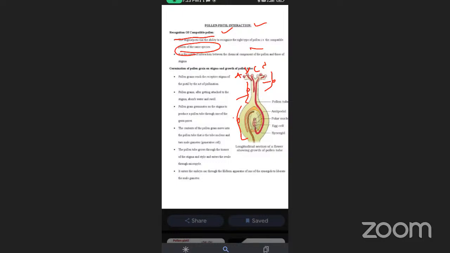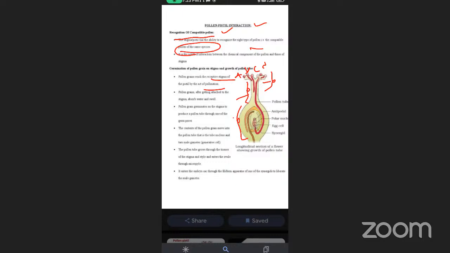It is the interaction between the chemical compounds of the pollen and those of the stigma. After reaching the stigma, a small chemical interaction takes place between the stigma and the pollen wall. Let's see the germination of the pollen grain on the stigma. First, the pollen grain reaches the receptive stigma of the pistil through the pollination process.